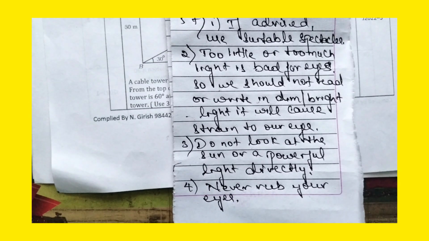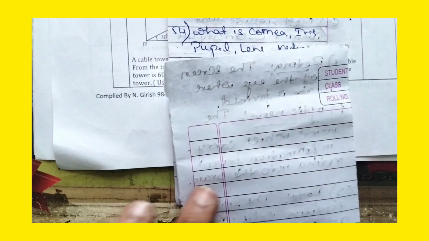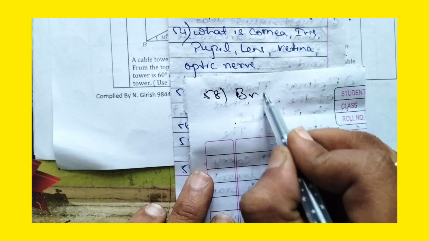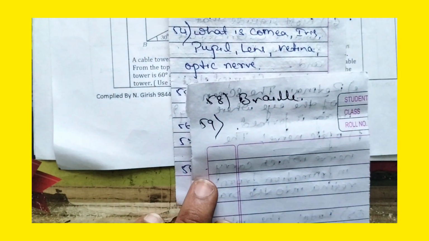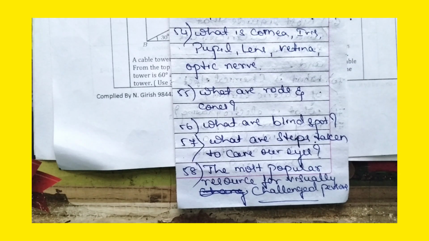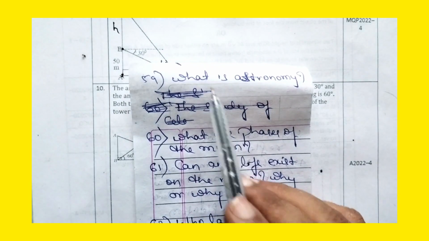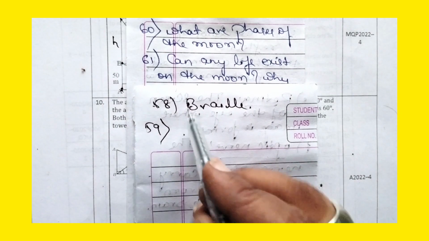Now let us move to 58th question. The next question is the most popular resource for visually challenged persons. The right answer for this question is Braille. Now let us move to 59th question. What is astronomy?